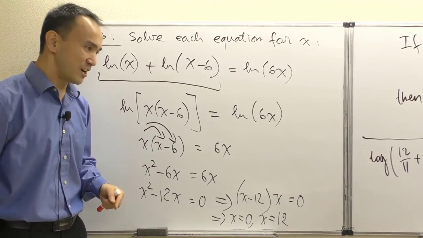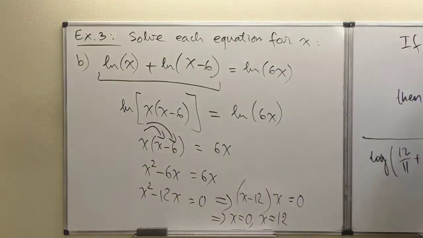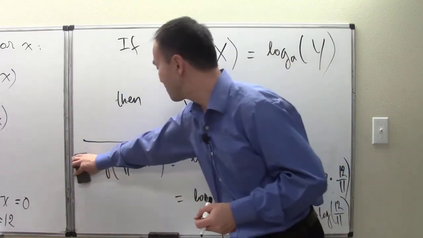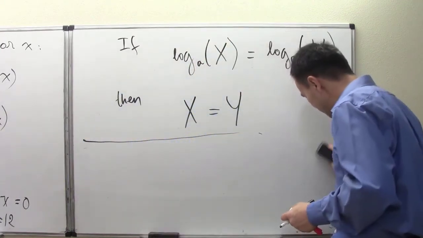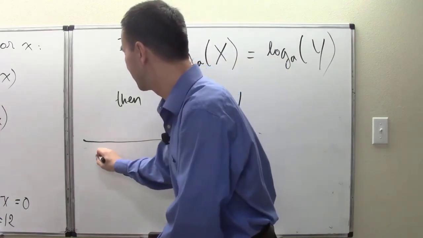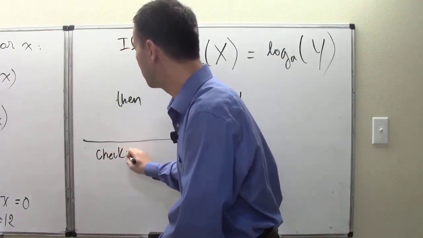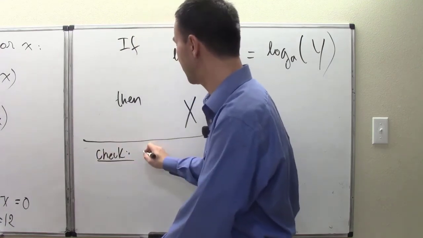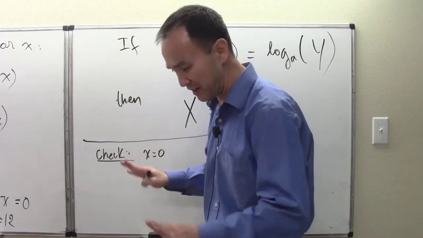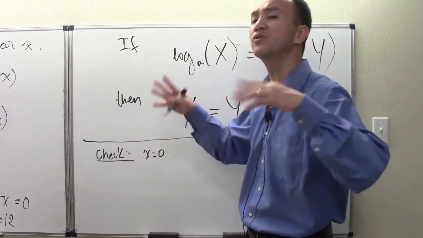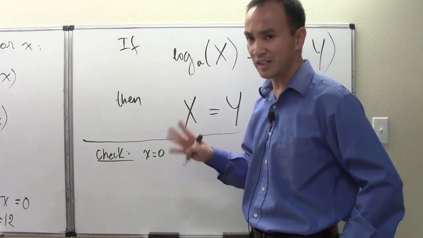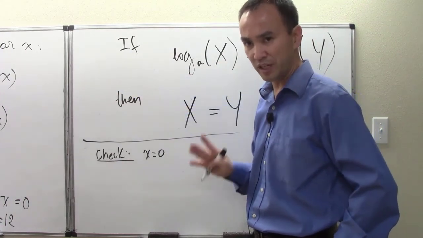Okay, and so now we're going to check. After we found two tentative solutions, we're going to check again. And again, I just want to go through every little detail to point out, even if we use a different method, an alternative method, it's still not going to be anything different with how we conclude the final answer.